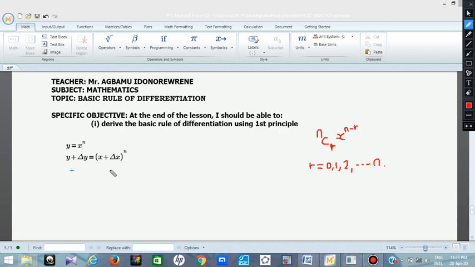Then it will be multiplied by delta x raised to power r. The value of r here will be the power of delta x. So you have delta x now raised to power r. Take note of that.